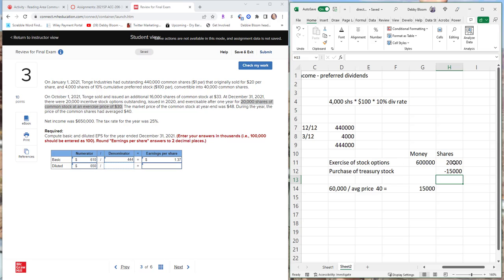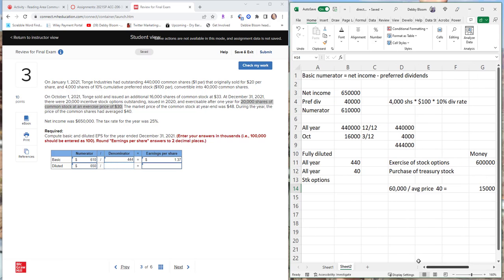So with the exercise of the stock options, we would increase the shares by 20,000. Then with the purchase of the treasury stock, we would decrease it by 15,000. So the net effect of the stock options is to increase the number of shares by 5,000 as of the beginning of the year.